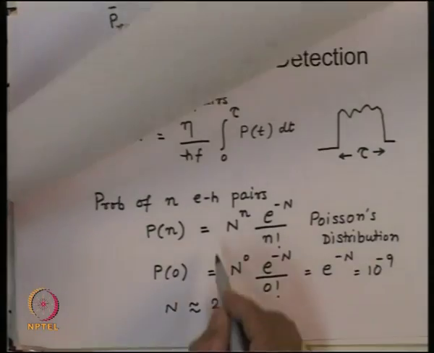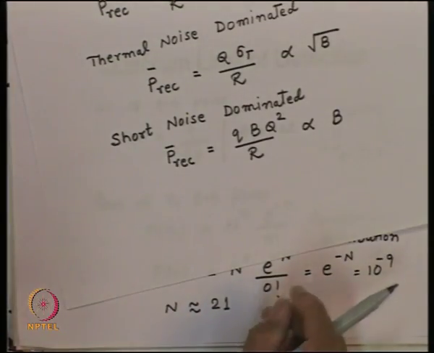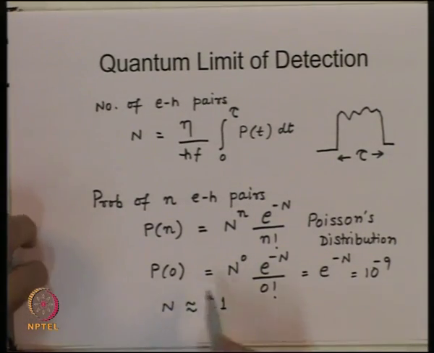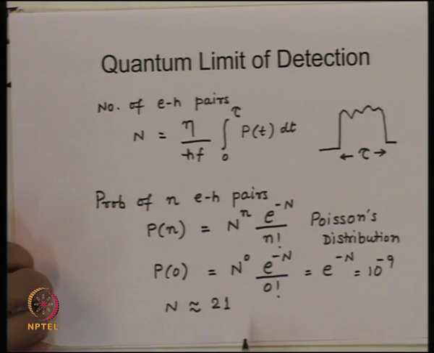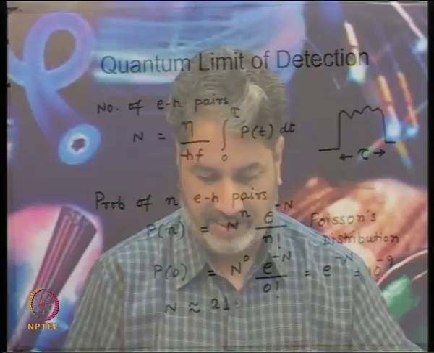And that is what we saw here, in the shot noise dominated regime, where we assume that the thermal noise is practically absent, and then we get a proportionality between the number of photons required per second and the data rate.